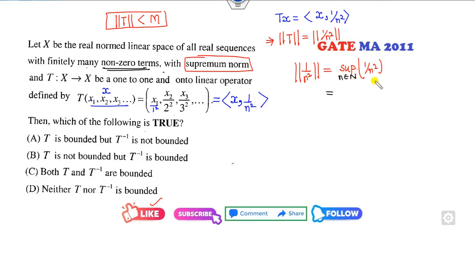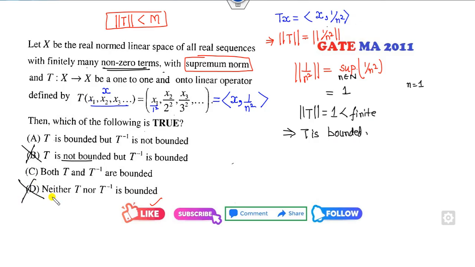Supremum is 1, as n is a natural number. So clearly when n is equal to 1, it is 1, and all the rest of the terms are smaller. So what is our right answer? Norm of T is 1, which is less than some finite quantity. What does it mean? T is bounded, fine. So T is bounded, so the second option is cancelled, and this option is cancelled.